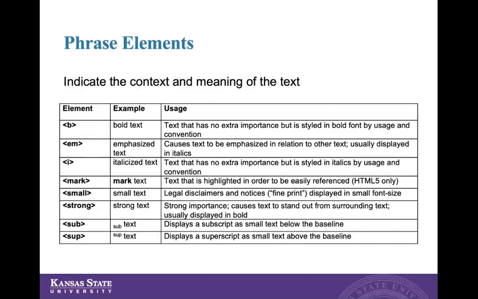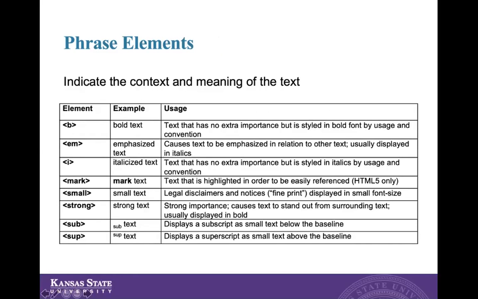All right, so these are some additional phrase elements that you might use. For example, the B element there: if we use an opening tag with the B and then the closing tag, where we add the little backslash right before the B, anything between those two tags is going to be bolded.